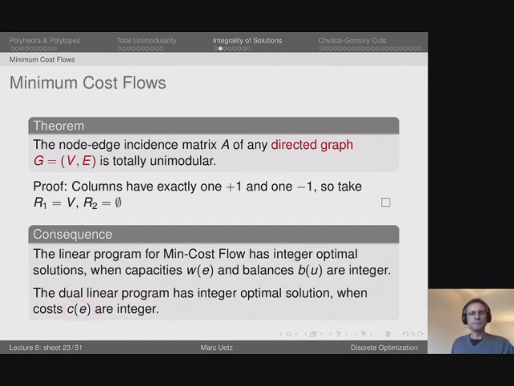So we can recover quite easily our previous observation, namely that the primal dual algorithm always computed integer optimal solutions. And now we know the reason for that. That is because the node edge incidence matrix of directed graphs is a totally unimodular matrix. So the whole system is a TU system, and it always has integral vertices, which correspond to the integer valued flows. All right, so let's move on.